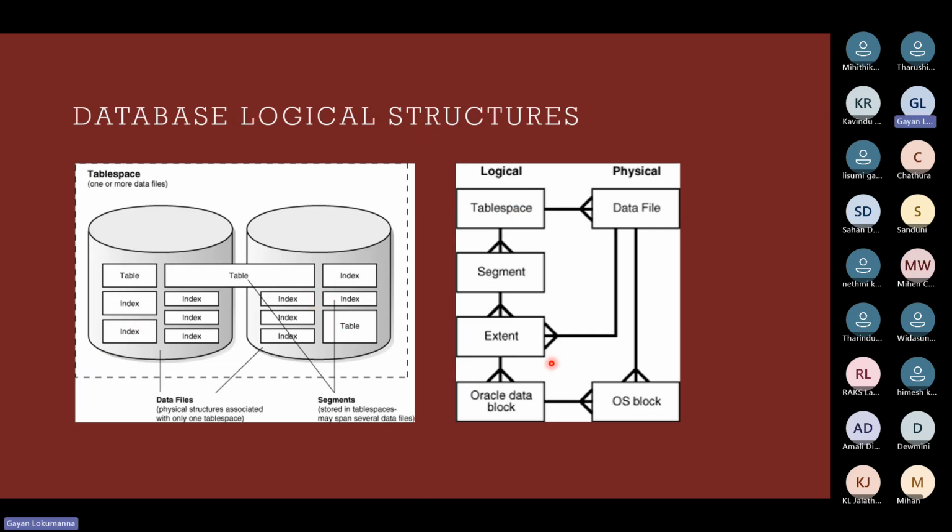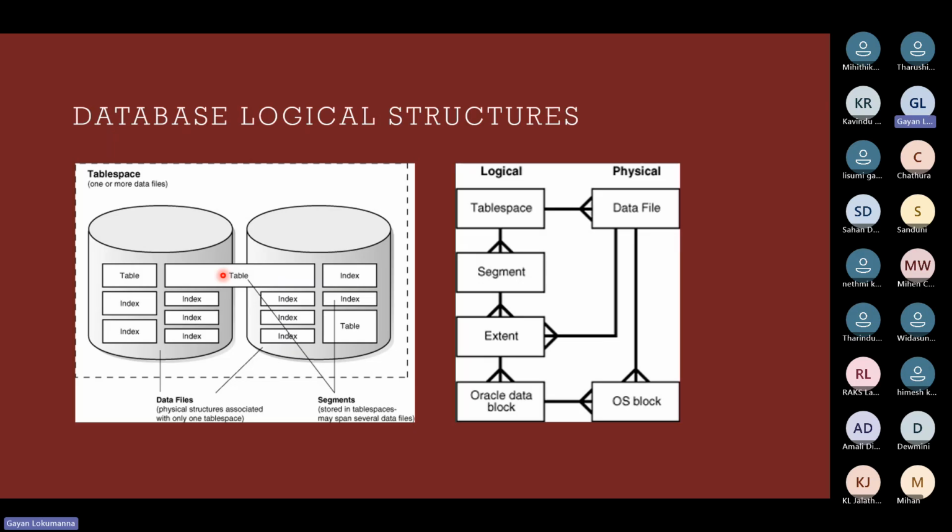What is important is that in one of these situations, we saw a table segment getting spread across multiple data files. How is it possible? Now, when you are defining a segment like a table, when you are creating that, obviously you need to have space. Sometimes you may not need to have space at the beginning.